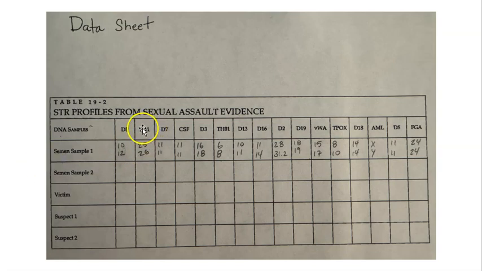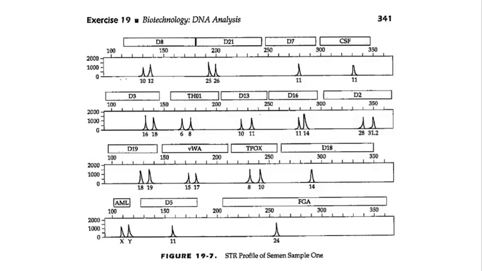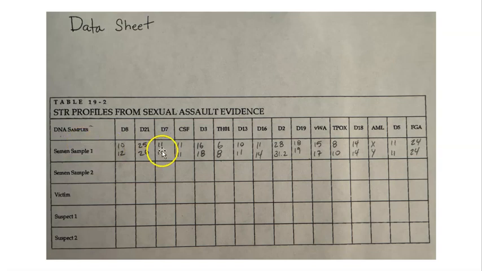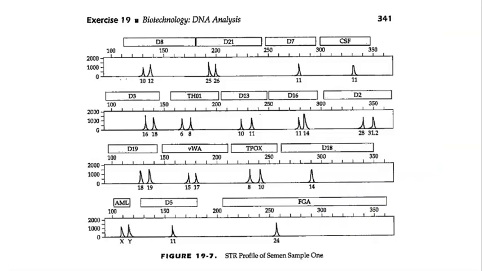If we move down the page and look at the D21 locus, I have written 25 and 26, because returning to the profile, at the D21 locus we see peaks for 25 and 26. As one last example, at the D7 locus, I have written 11 twice, because returning to our STR profile, we see at the D7 locus there is only one peak at 11.